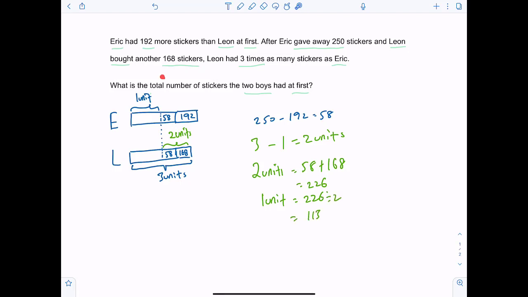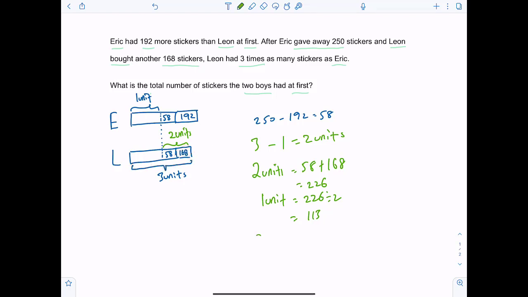Okay, the question is what's the total number of stickers the two boys had at first? Which essentially means 1 unit plus 58 plus 192 for Eric. And for Leon, 3 units, take away that 168 because he didn't have this 168 at first.